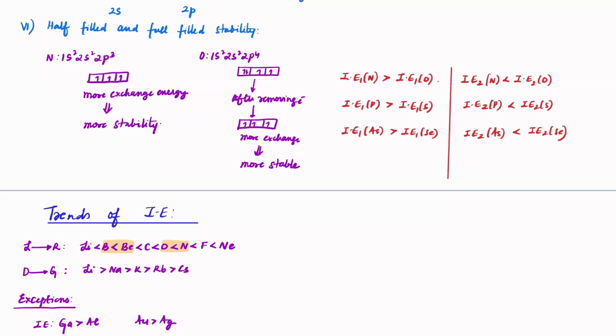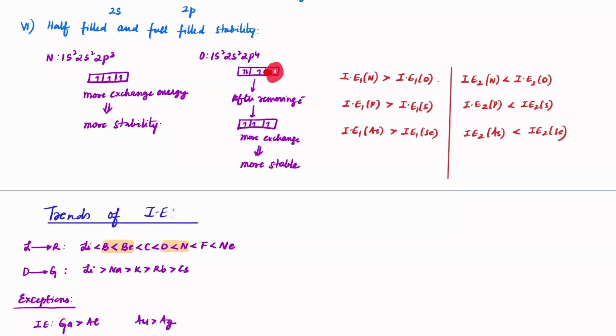So the more the exchange of electrons, the more space they occupy. And when electrons occupy more space, the atom becomes more and more stable. Since nitrogen offers a lot of exchange energy, which we call half-filled stability, it becomes challenging to remove an electron from nitrogen.